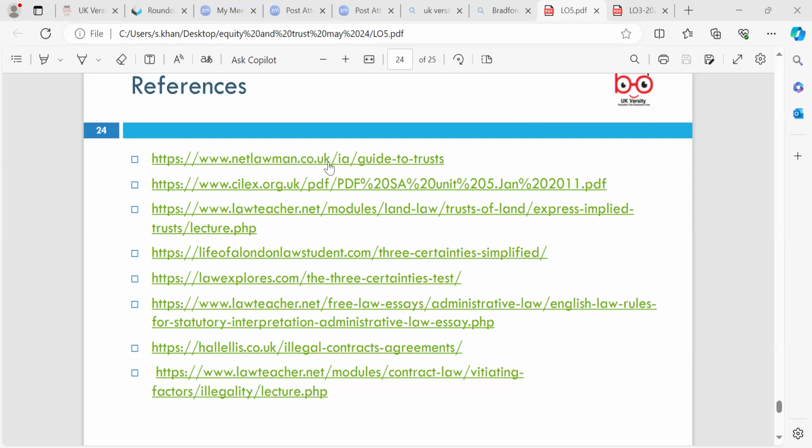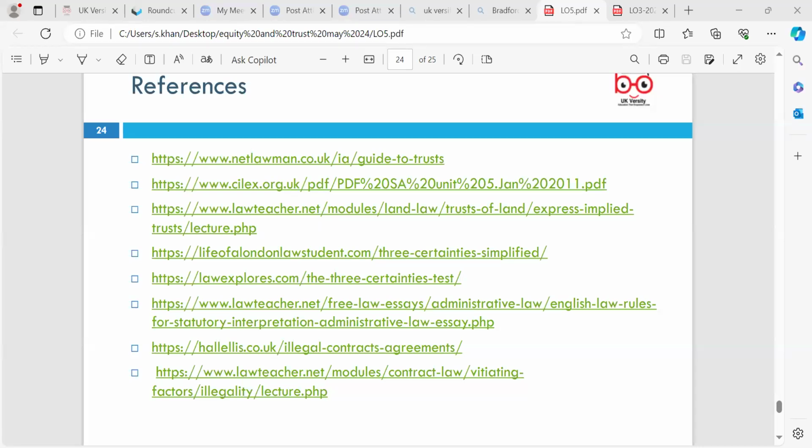These are some of the resources used for Learning Outcome 5, which we've done today on fiduciary duties, remedies, breaching fiduciary duties, Section 61, Section 62, trustees' rights and obligations to the beneficiary, and we've looked at the importance of the cases that have been used where the solicitor has breached the fiduciary duty with the client, and how that impacted on it, and why it's so important that we follow our duties and what constitutes breach as well.